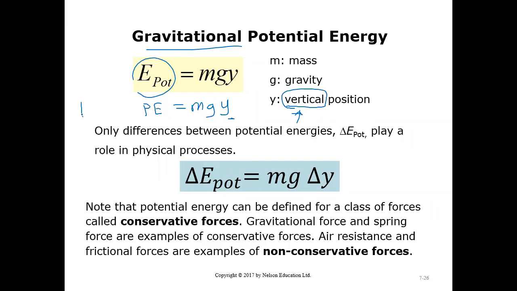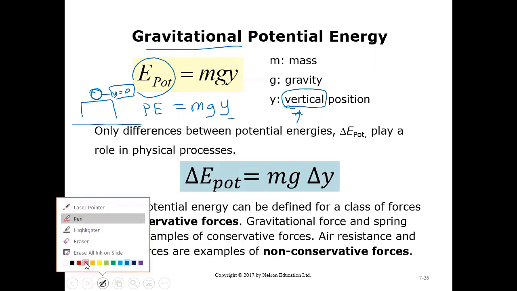Suppose you have an object on a table. For some reason, instead of the surface of the Earth, you can say y equal to 0 here. Then you will say the potential energy of this is 0 because you took the reference level to be at the level of the table. So for you, it will be 0 potential energy. Maybe you will differ and say, no, I want to choose a different point as 0.